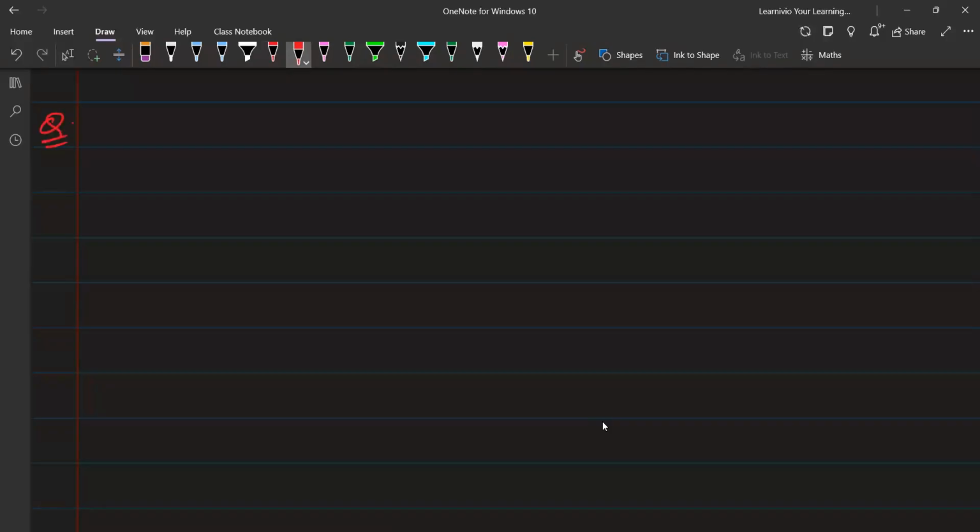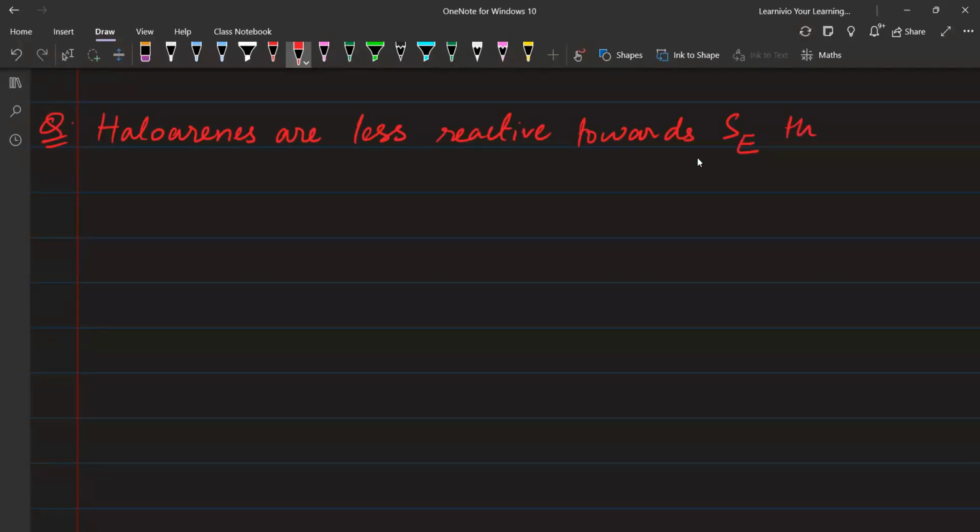Write a question. Why halogens are less reactive towards SE, that means electrophilic substitution, than benzene.